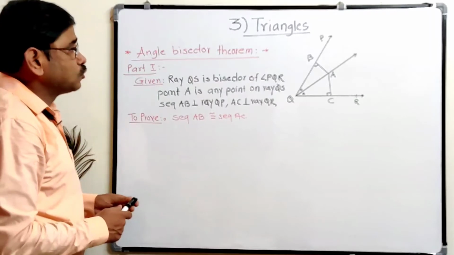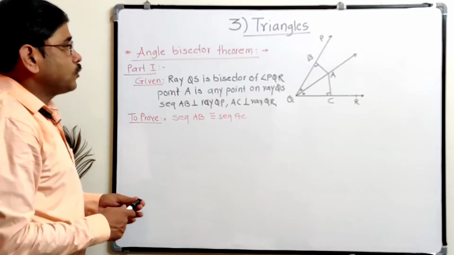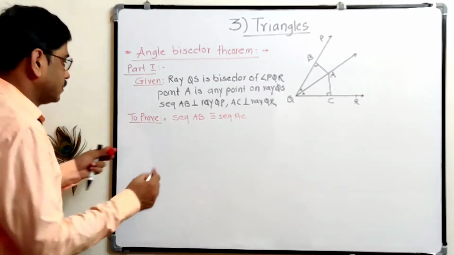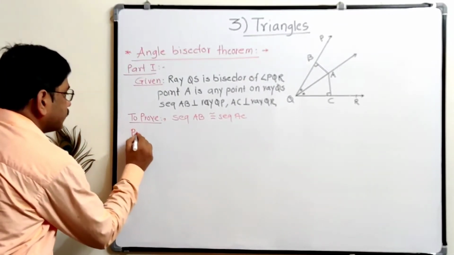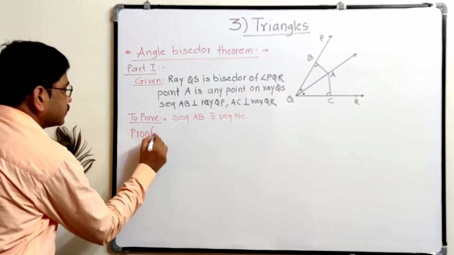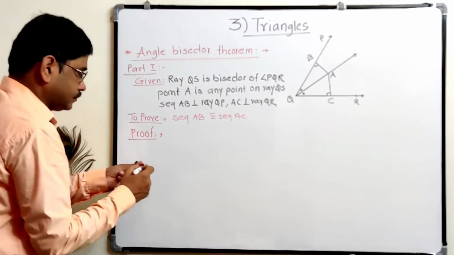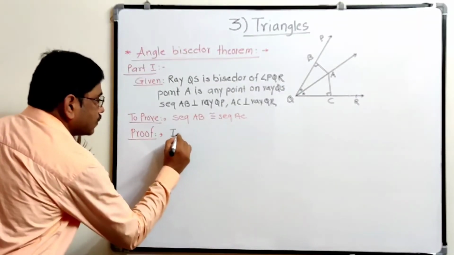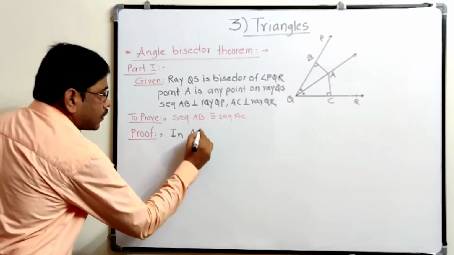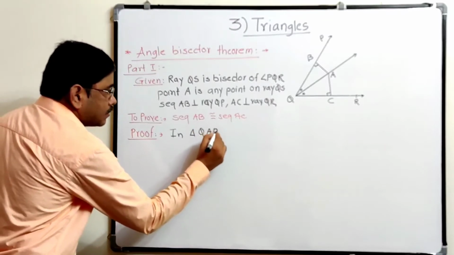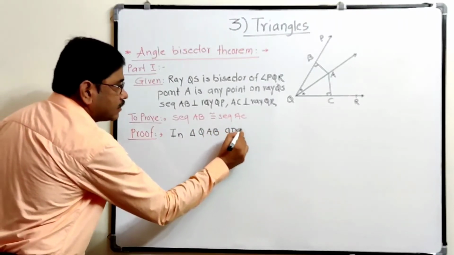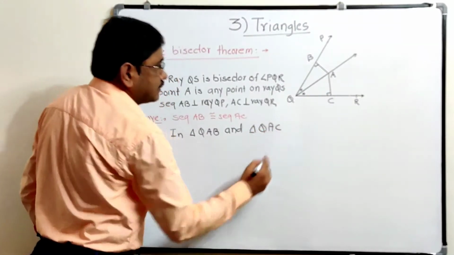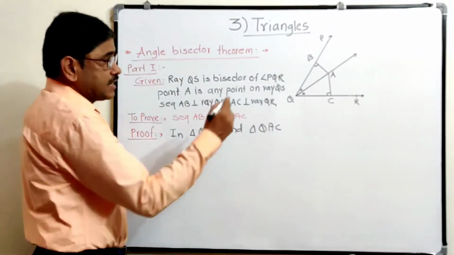Now again consider two triangles, triangle QAB and triangle QAC. Proof: In triangle QAB and triangle QAC, two triangles are given.